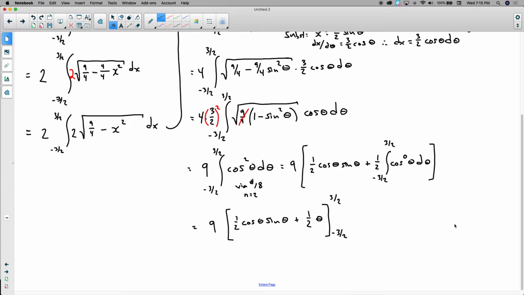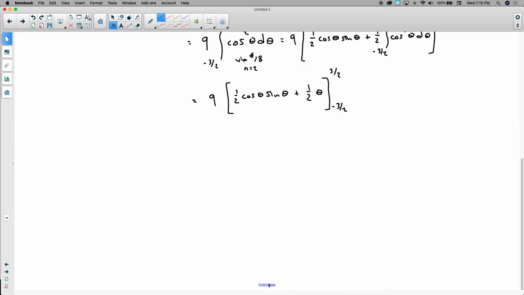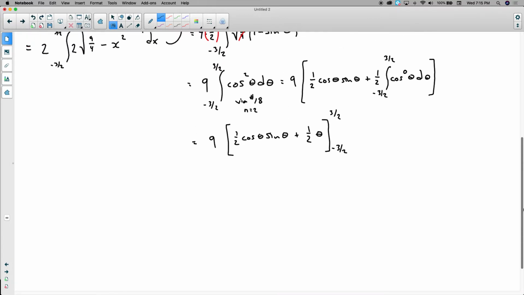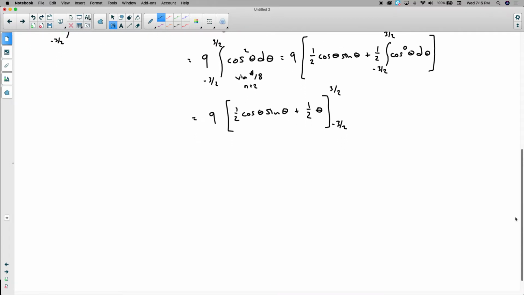Okay, so now it's time to use the fundamental theorem of calculus and drop in the upper limit and the lower limit. And I guess I just see a lot of annoying calculator work coming my way. So I'm thinking about the symmetry of the ellipse.